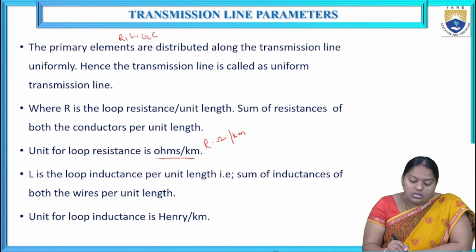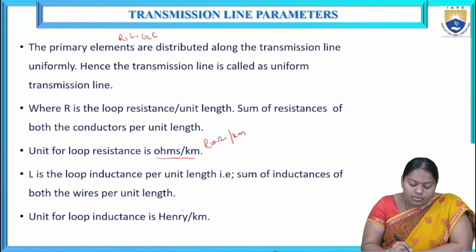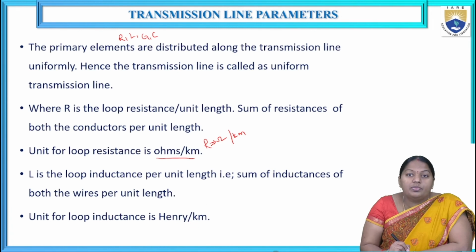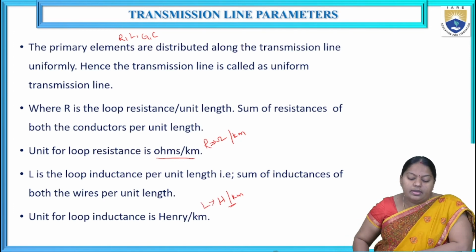L is the loop inductance per unit length, the sum of the inductances of both the wires per unit length, and its unit is henry per kilometer. Generally, inductance is measured in henries.